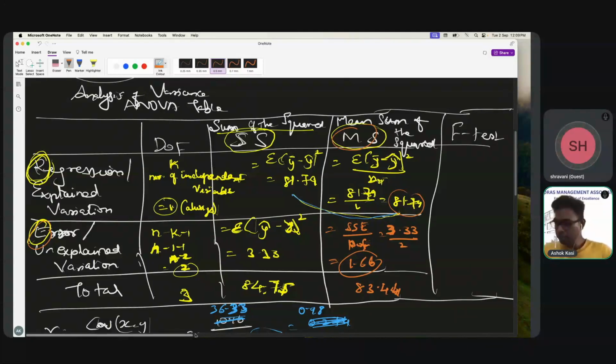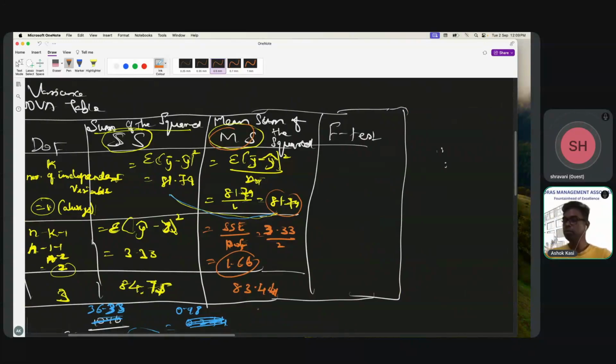Now F test. Basically, what is F test? In F test, what did we see? F test is variance by variance. That means we are checking whether variances are significantly different or not. So here also we are doing the same thing, but the formula, actually it is the same formula only, but I'm writing it in another format. Here the formula is MSR by MSE.